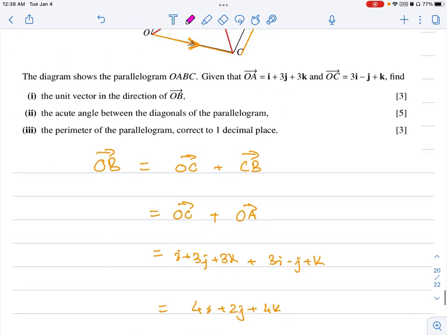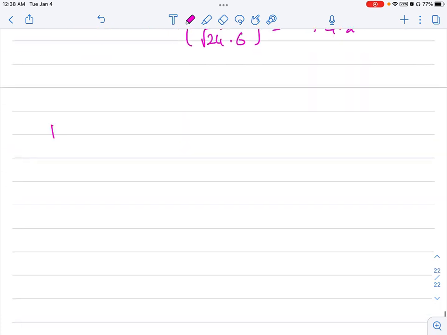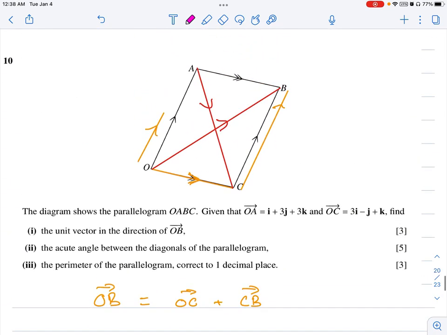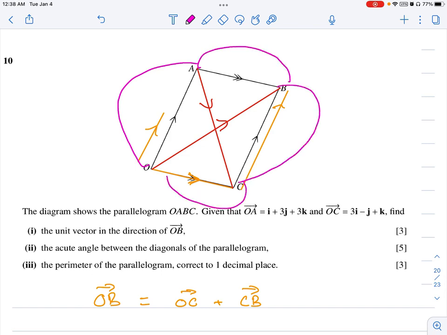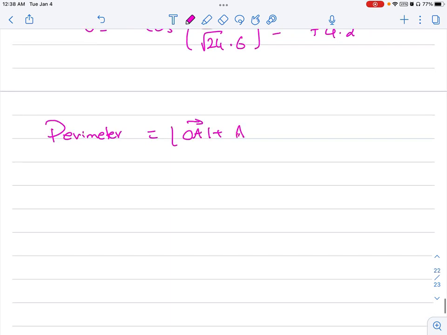Finally, the perimeter of the parallelogram correct to one decimal place. Perimeter means the sum of all the sides, which is O to A, A to B, B to C, C to O. OA plus AB plus BC plus CO, all modulus.